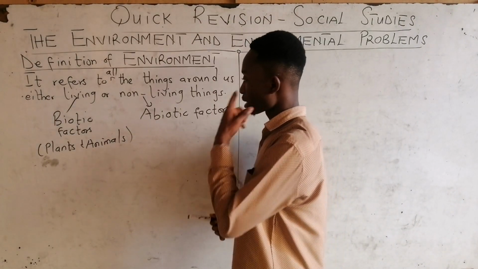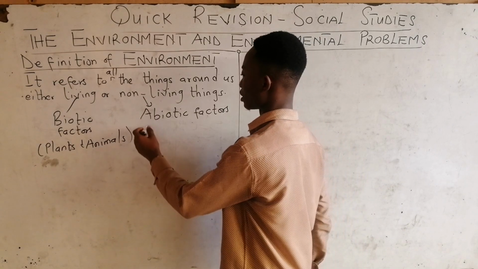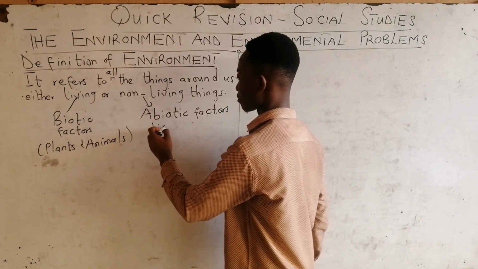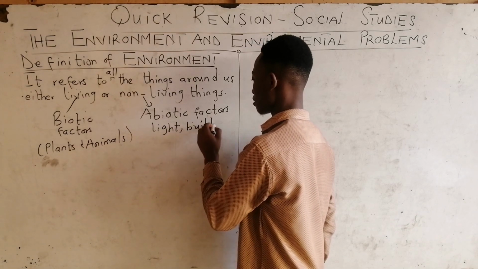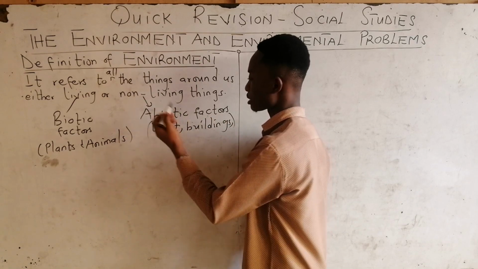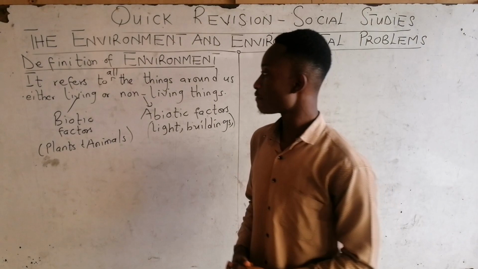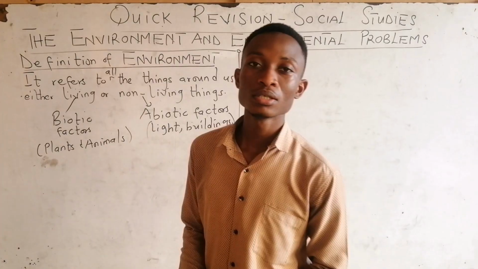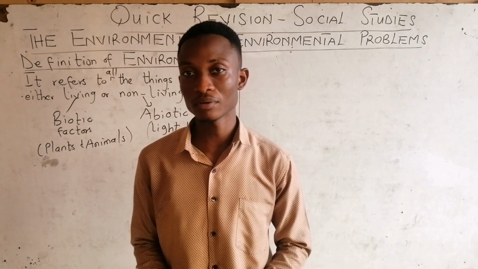Non-living things, as things that are man-made, we have no life in them. So we can have lights, we can have buildings, etc. These are some examples of the abiotic factors. Now, when we take environment, we can talk of some of the things that can be found in the environment.